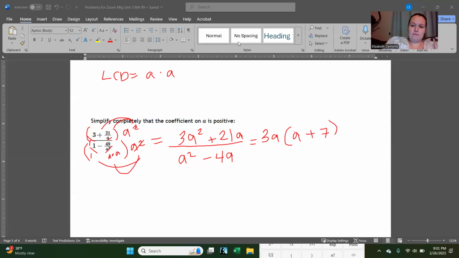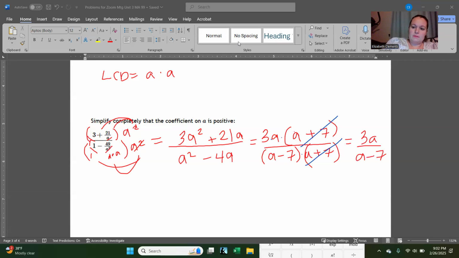Then I'm going to look at the denominator. a squared minus 49, that is a difference of perfect squares. So I can factor it to a minus 7 times a plus 7. So these can now cancel because everything is being multiplied here. And I'm left with 3a over a minus 7. And that's as far as we can simplify there.